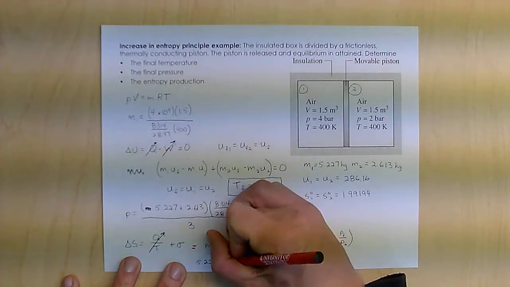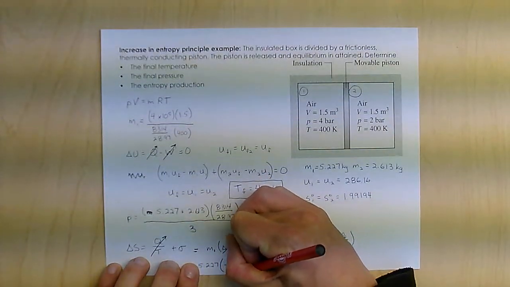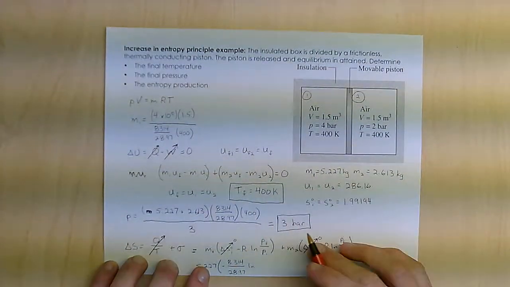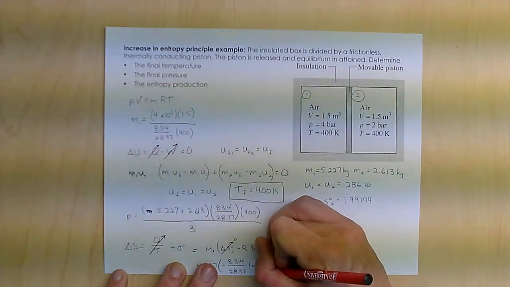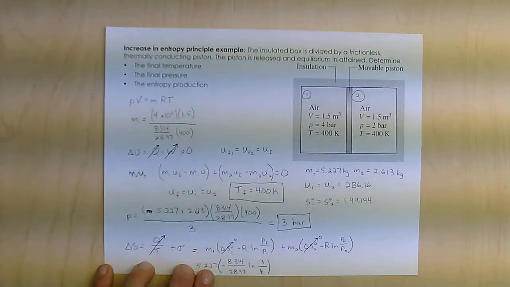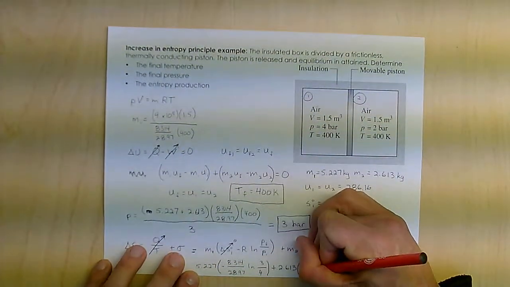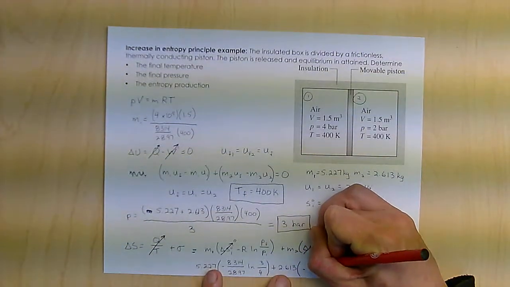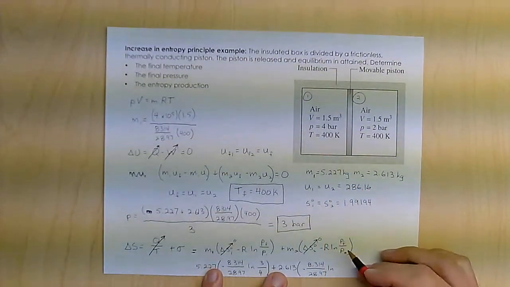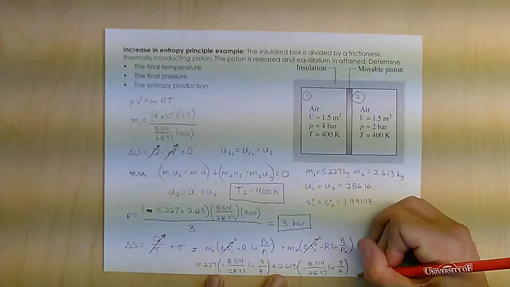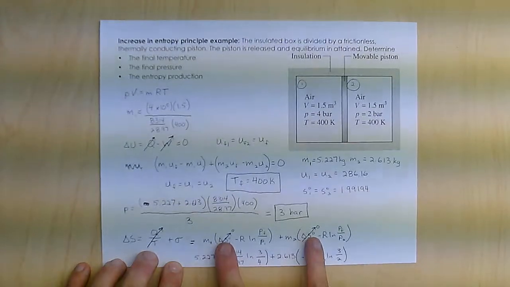5.227 times negative R, which is 8.314 over 28.97, times the natural log of the final 3 over 4, plus m2, which is 2.613 times a negative 8.314 all over 28.97 times the natural log, and this time it's 3 over 2, which means that entropy production, again, is that change in S. The s naught has no change.